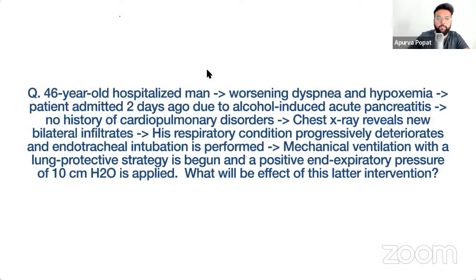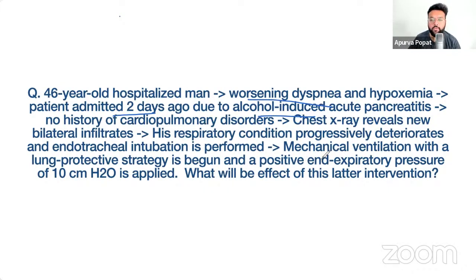A hospitalized man had hypoxemia and worsening dyspnea. The patient was admitted 2 days ago because of alcohol-induced acute pancreatitis. Whenever you hear pancreatitis and you have a white-out chest X-ray, what will you think? ARDS. Very good.